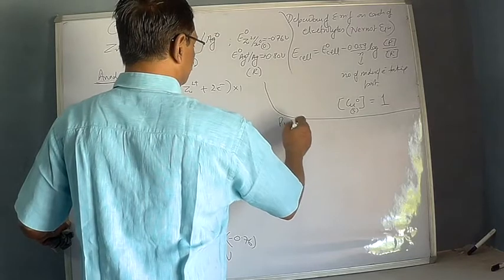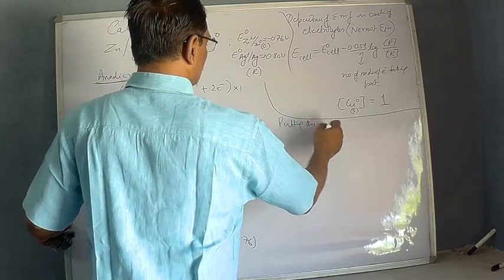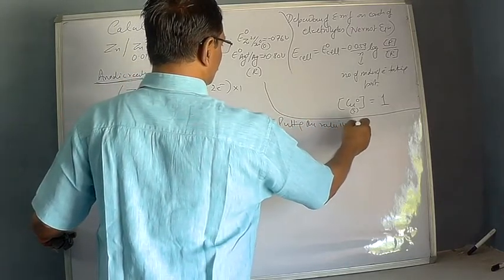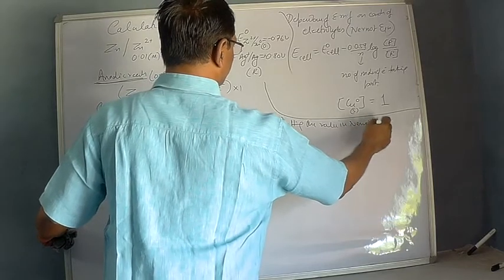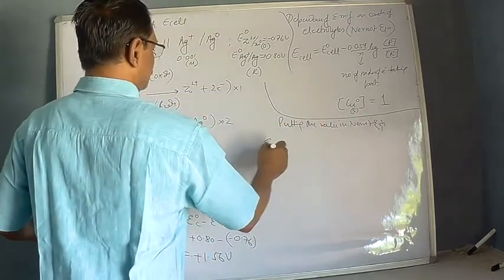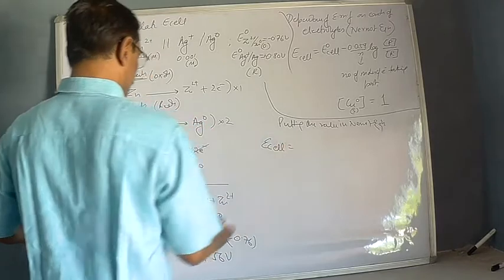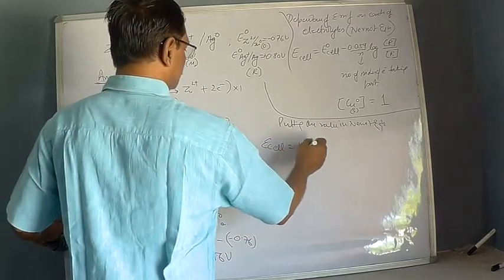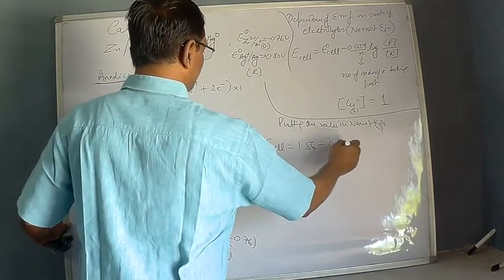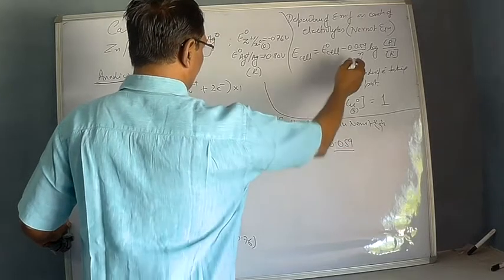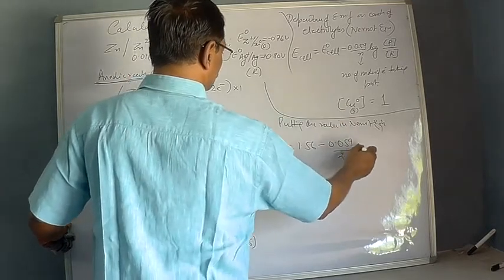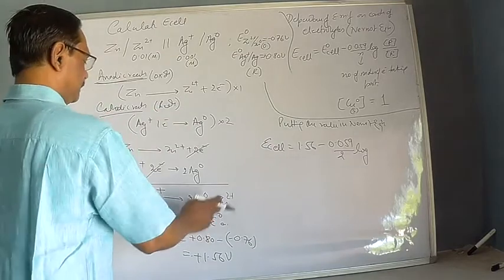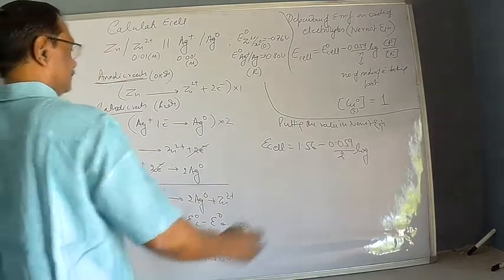Putting the value in Nernst equation, E cell equal to E0 cell 1.56 minus 0.059 upon n, and n is 2, log product. These are the products.